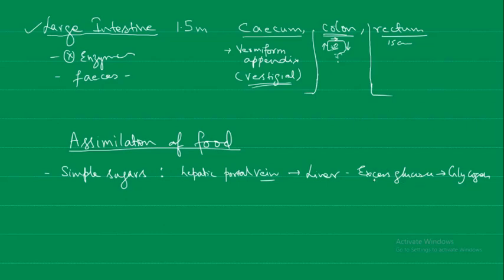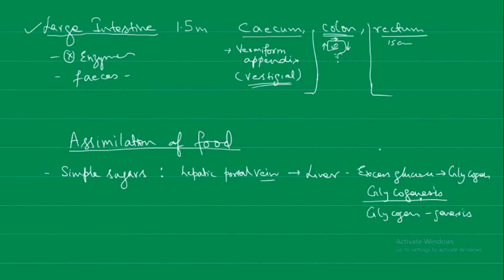The conversion of excess glucose to glycogen is known as glycogenesis. You can break it down: glycogen genesis, that is, the making of glycogen from glucose.